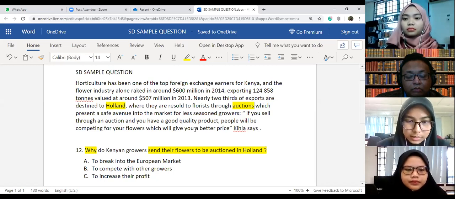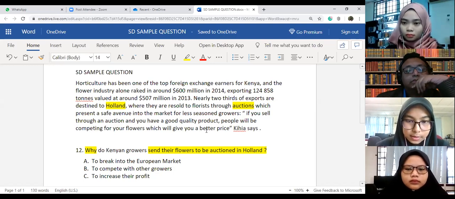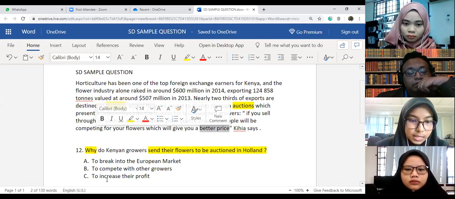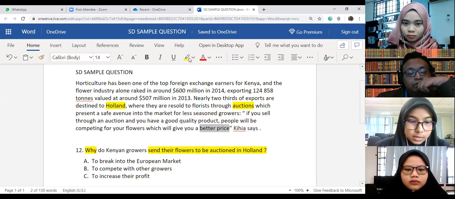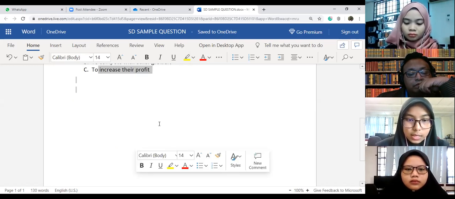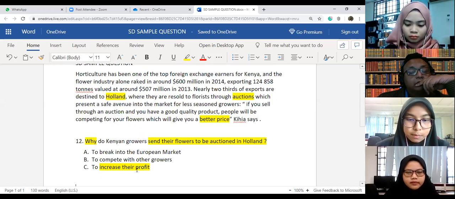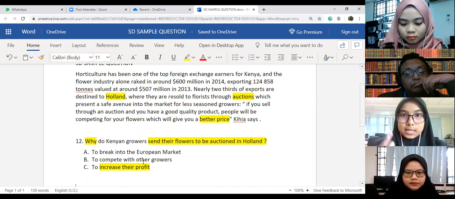So here we can see why, and this is a better price. So better price and increase their profit here can be guessed as synonyms because both mean gaining a lot.